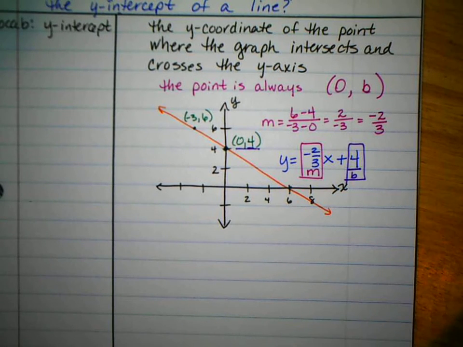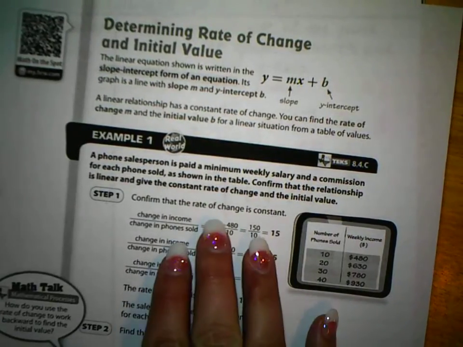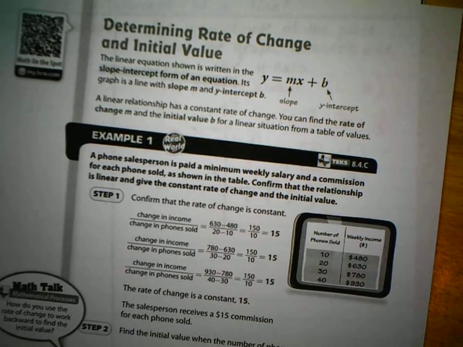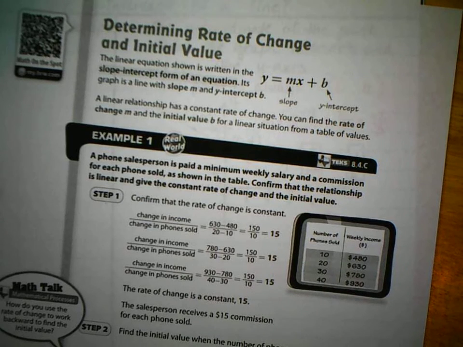On page 96 in your book, we have an example talking about a phone salesman paid a minimum weekly salary and a commission for each phone sold as shown in this table. Confirm that the relationship is linear and give the constant rate of change and the initial value.